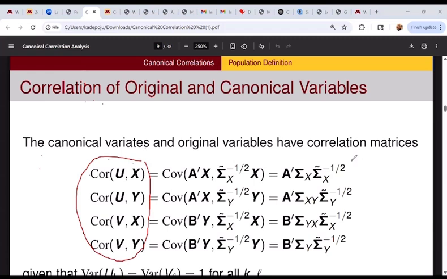At the end of the day, we end up getting this. So we are looking into the relationship between the canonical variates and the original variables. That is what we just derived.